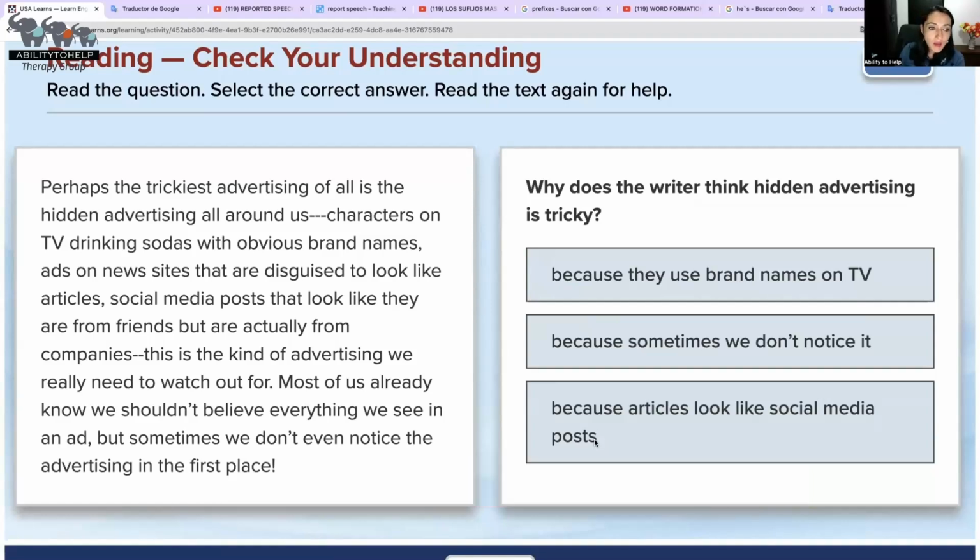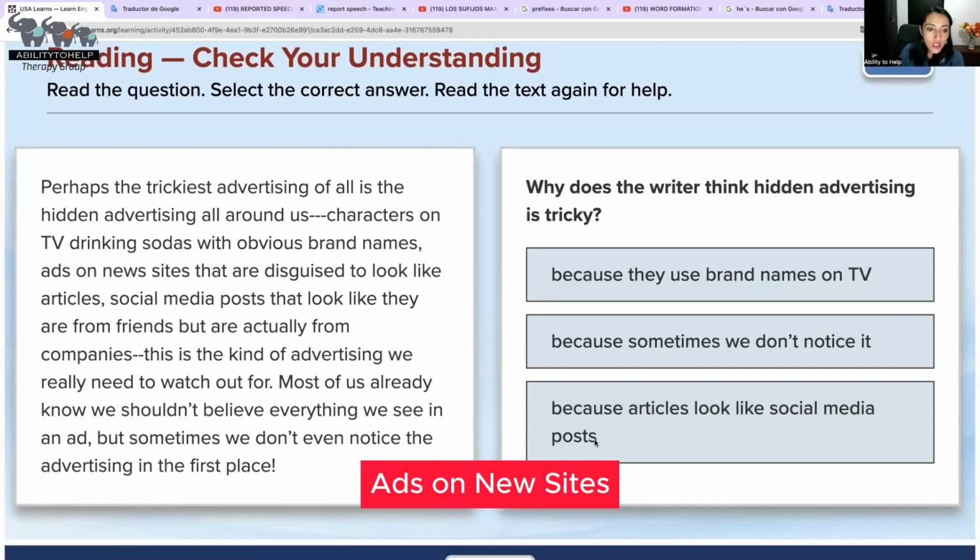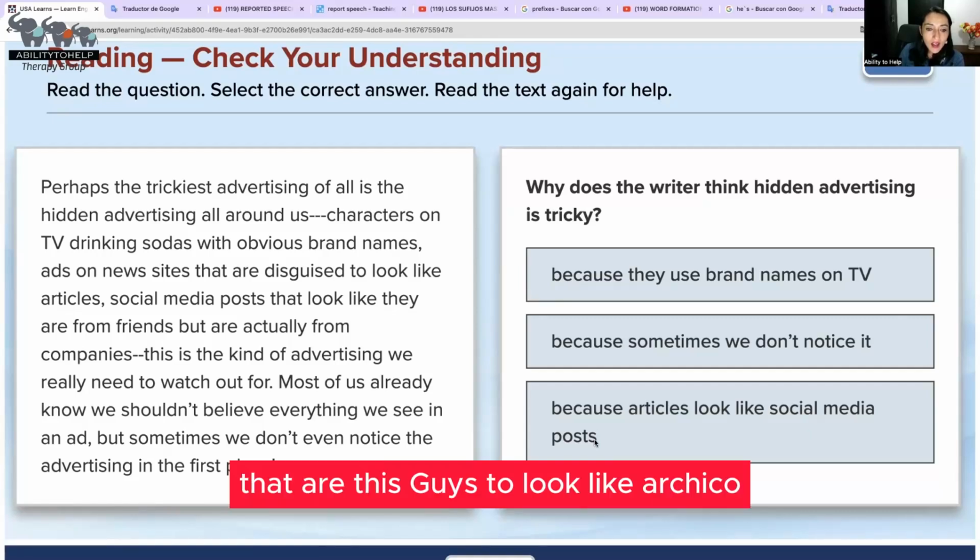So perhaps the trickiest advertising of all is the hidden advertising all around us. Characters on TV drinking soda with prominent brand names. Ads on news sites that are disguised to look like articles.